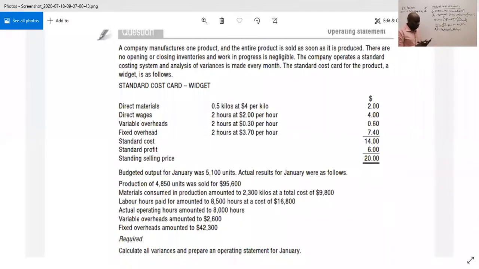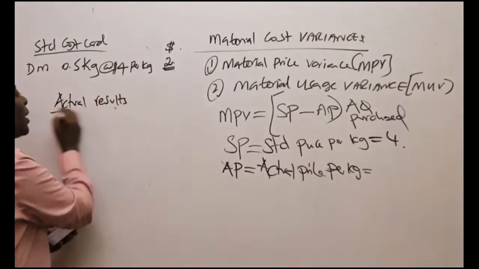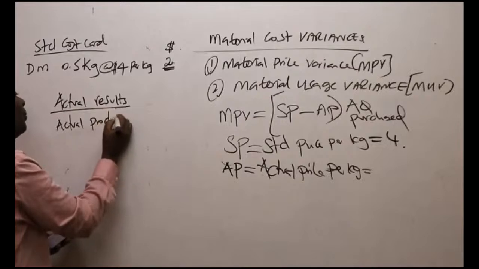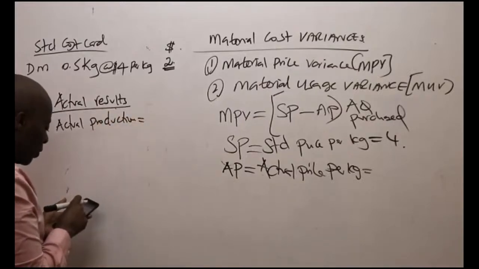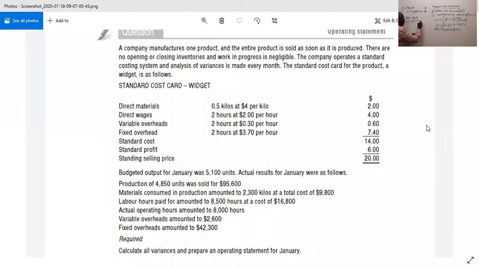So we have the actual results there. In these actual results, they have given us the actual production. If you're able to see your question very well, they have told us the actual production was 4,850 units.